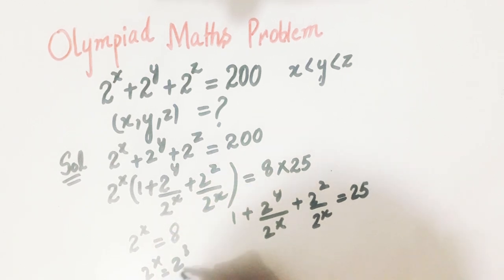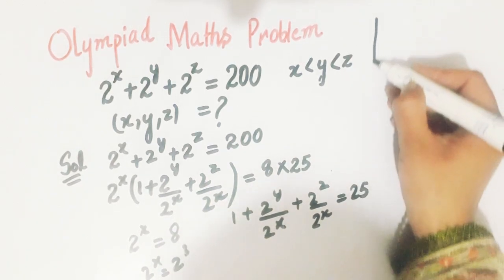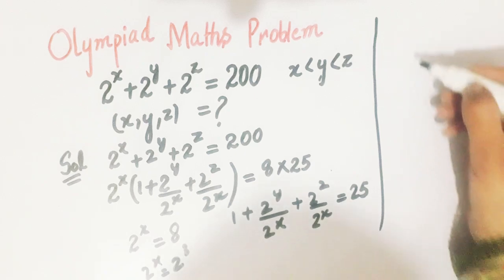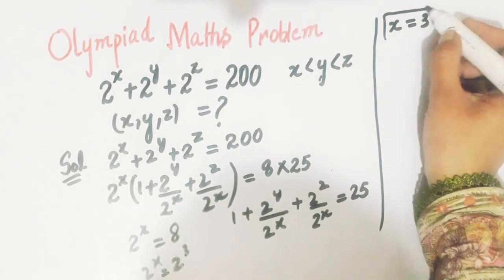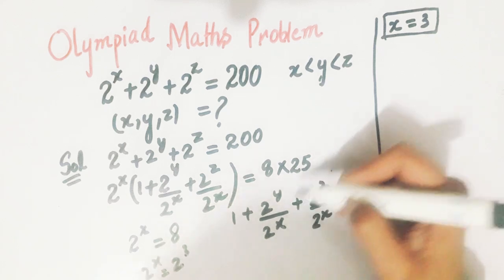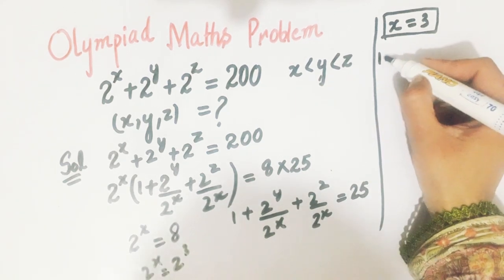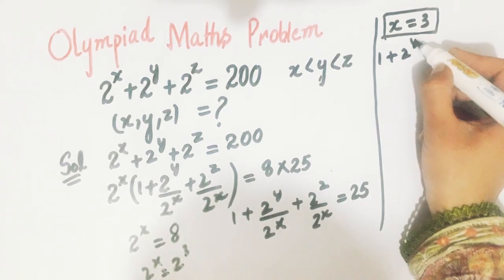When the bases are same, the powers will also be same. So we get x equals 3.